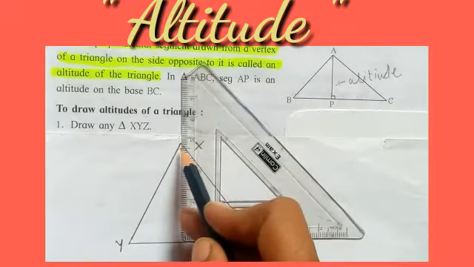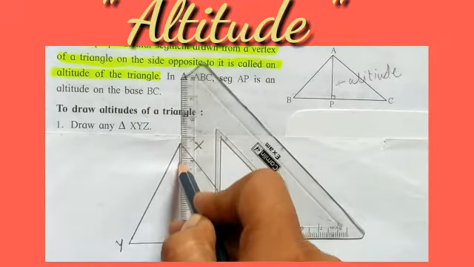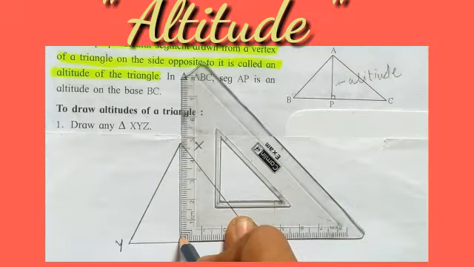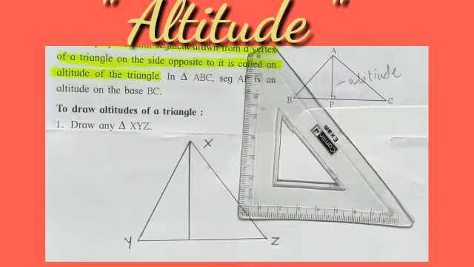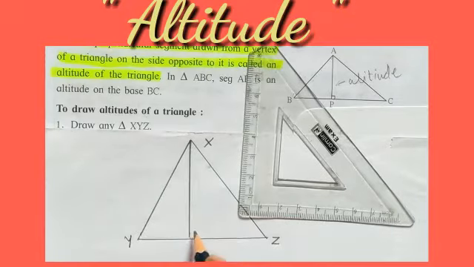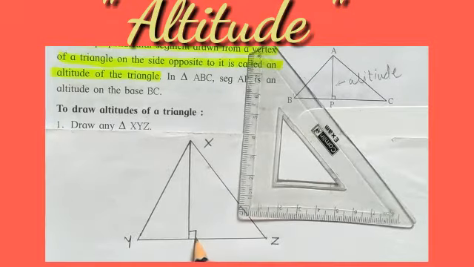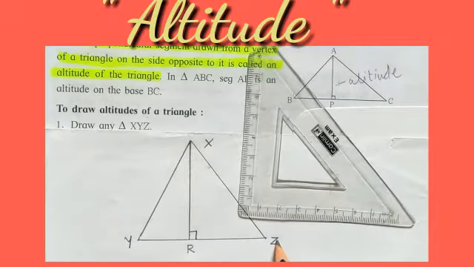And then with the help of a pencil, we can draw the perpendicular. So here we will put the symbol of 90° and we will label the name. So XR is the perpendicular to the line YZ.